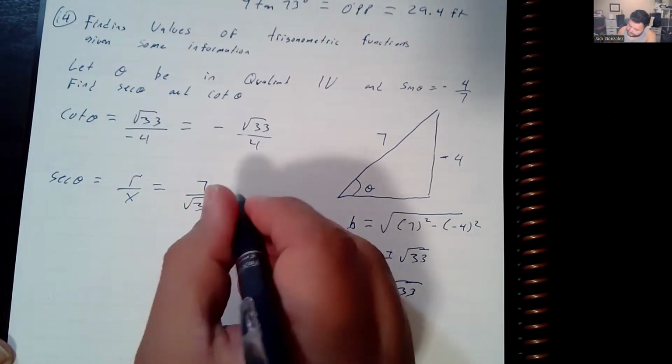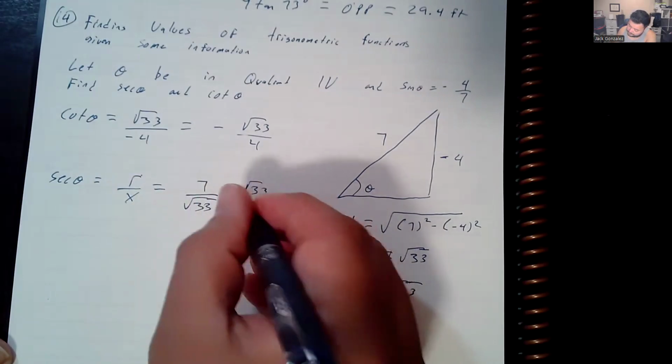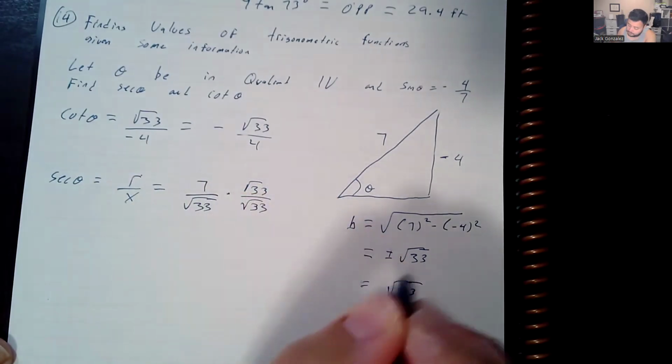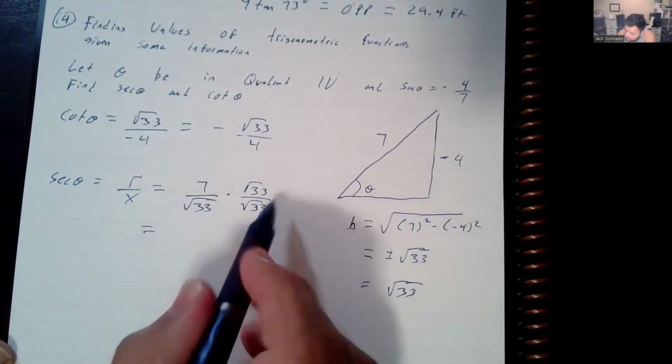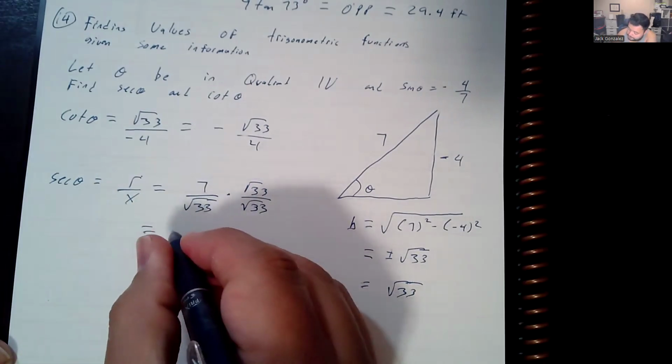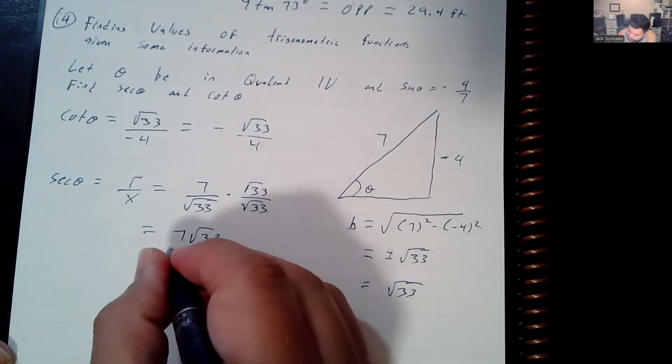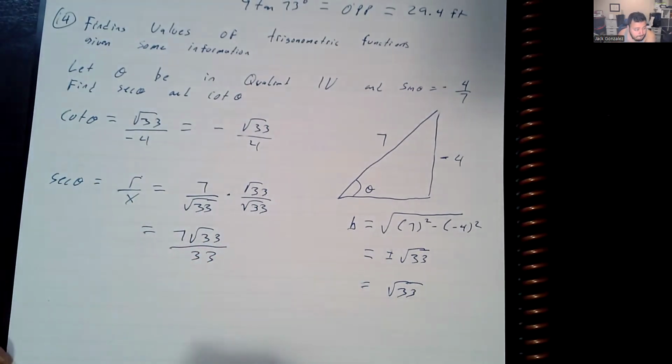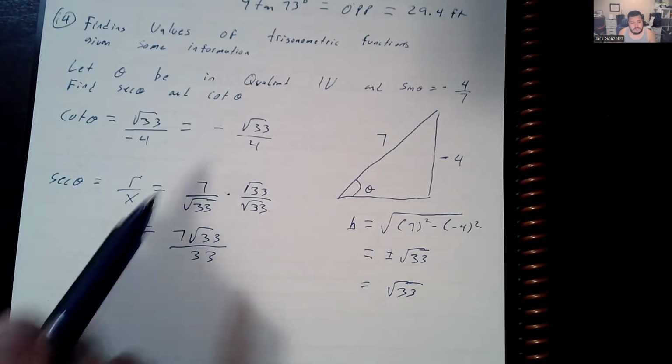But then we have to rationalize it, so we introduce the root 33 over root 33 in order to square the bottom. There we go. We got cotan, we got secant.